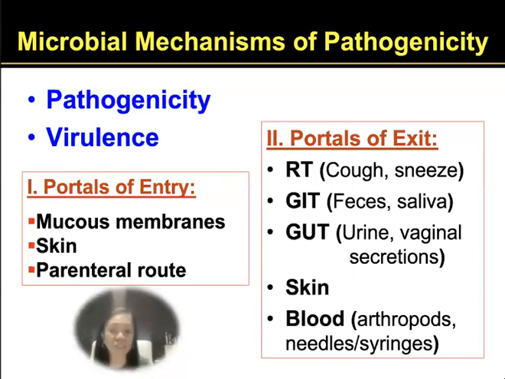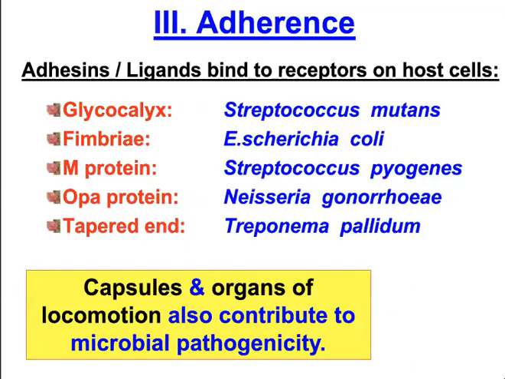Sa genitourinary tract, via urine, vaginal secretions, urethral secretions. Sa skin, again, yung mga lesions doon, no? Kanang nuka-nuka, ayan. And then, blood, no? Sa arthropods, di ba? Yung pag sinipsip yung dugo mo. Okay? Or sa mga contaminated needles or syringes.